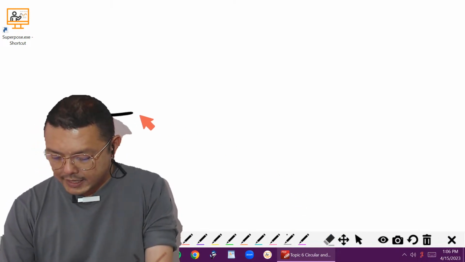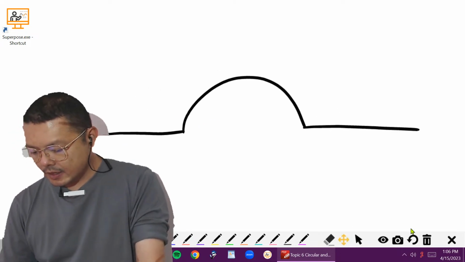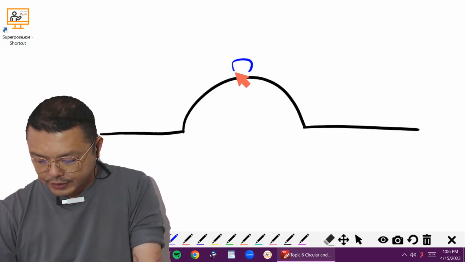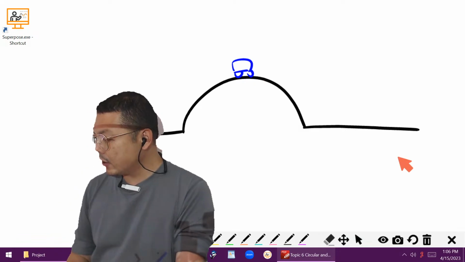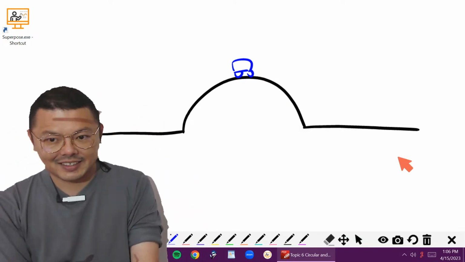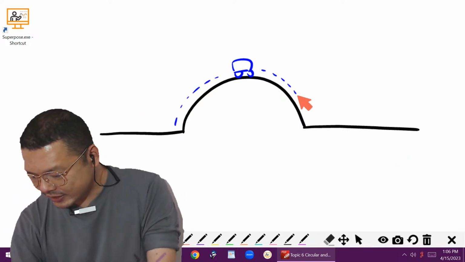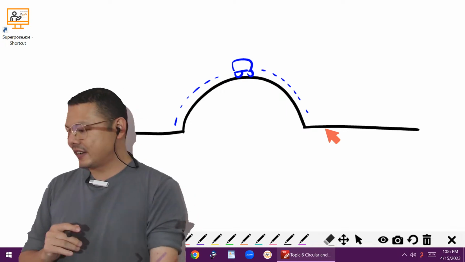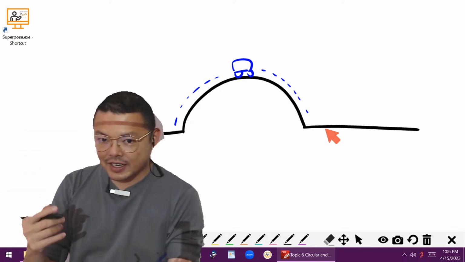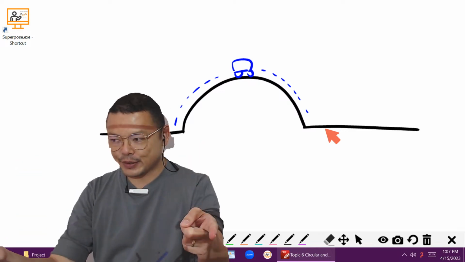Okay, the one that's going over the bridge like this. The idea is this: as your car goes over a bridge, the bridge is circular, which means that the car, as it goes around like that, is doing circular motion. And if it's doing a circular motion, what do you need? You need centripetal force.